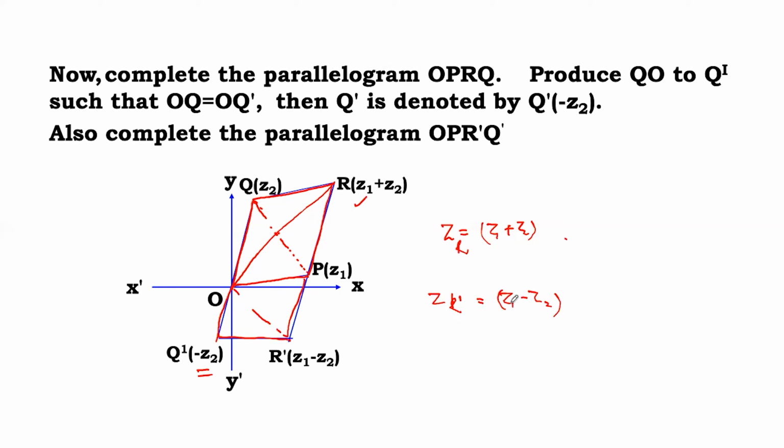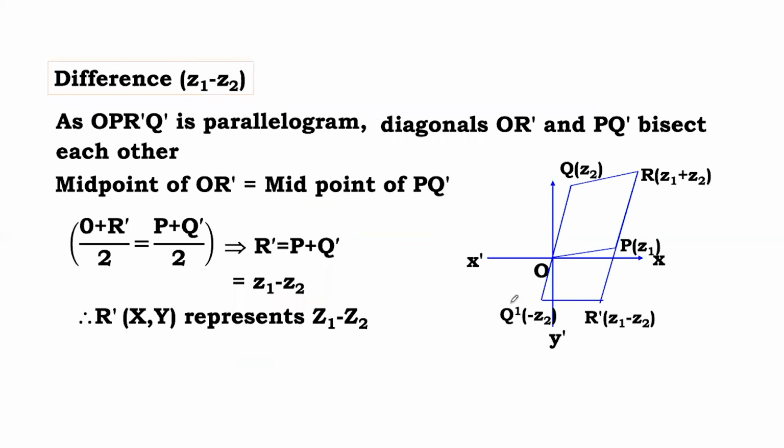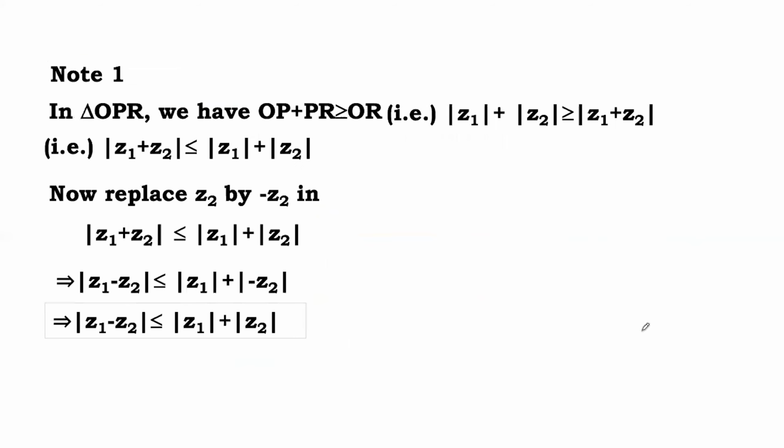So both ways we are getting Z1 plus Z2 as well as Z1 minus Z2 with the simple midpoint formula of the parallelogram. This is one of the simplest examples, and we can easily find these coordinates.